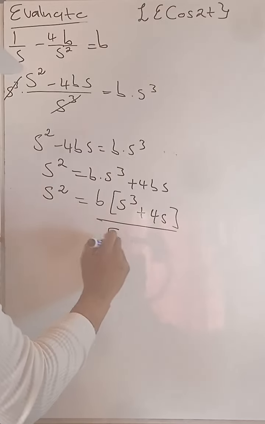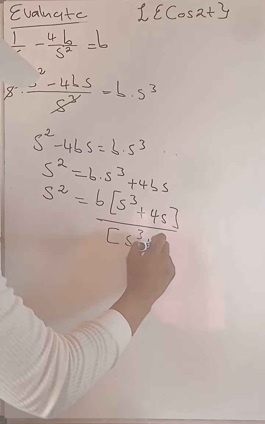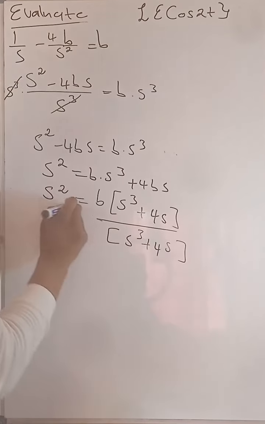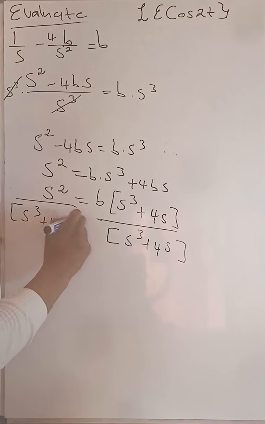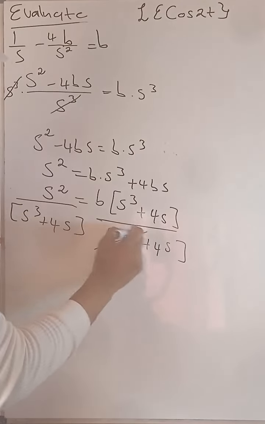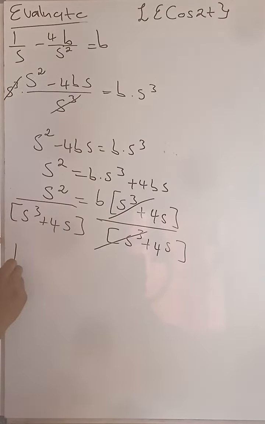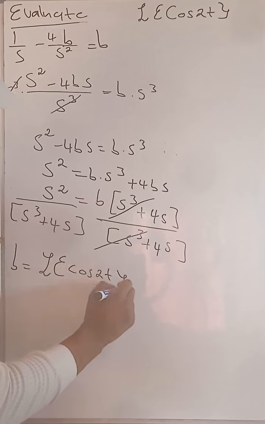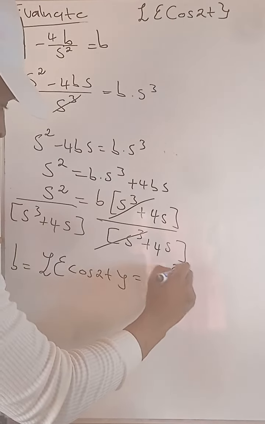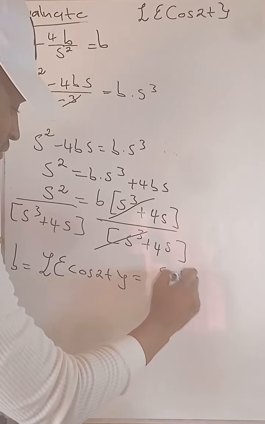So we can divide by s to the power 3 plus 4s. So that's what I can do. This one will cancel out this one. So my b, which is the same as Laplace transform of cos 2t, will be the same as s squared, or I can just say s times s.